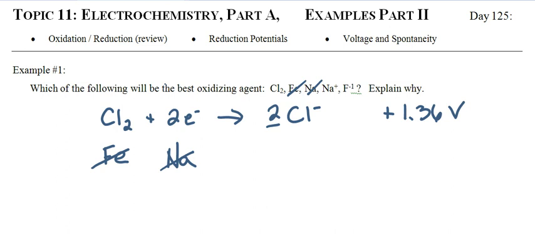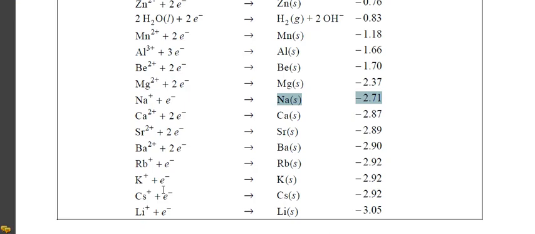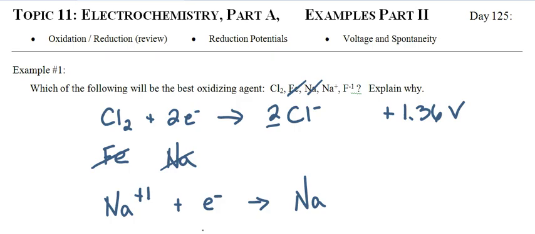All right, so let's take a look at sodium +1. Sodium +1, this is a good thing. Sodium +1 can be reduced to form solid sodium, but let's take a look at the voltage. When sodium ions are reduced to form solid sodium, we have a -2.71 voltage. A negative voltage is not something that is favorable.